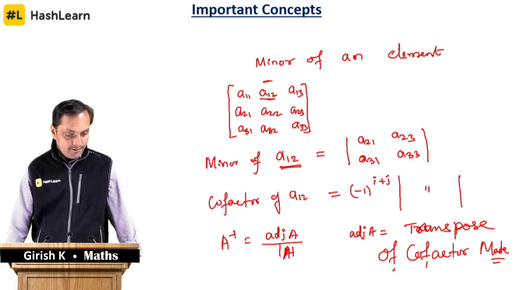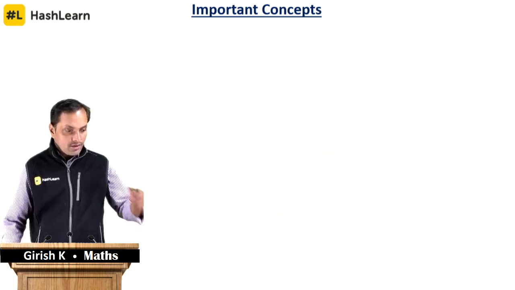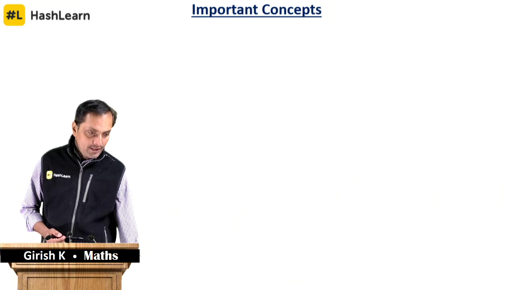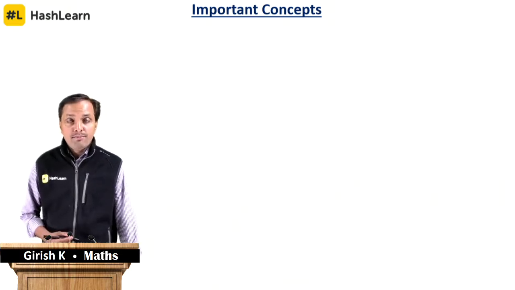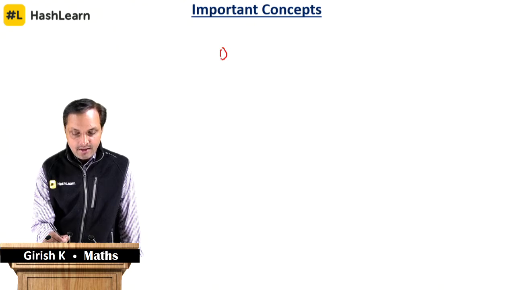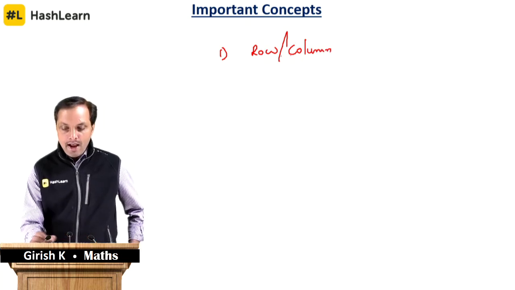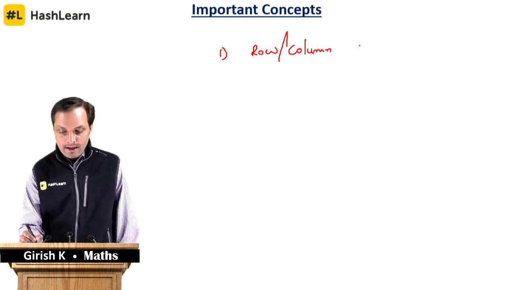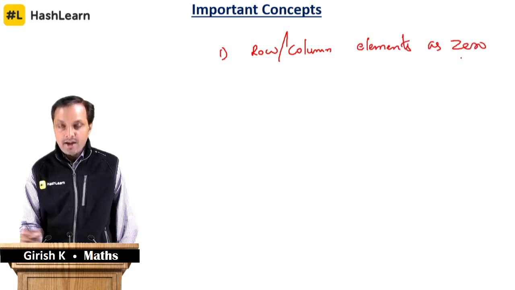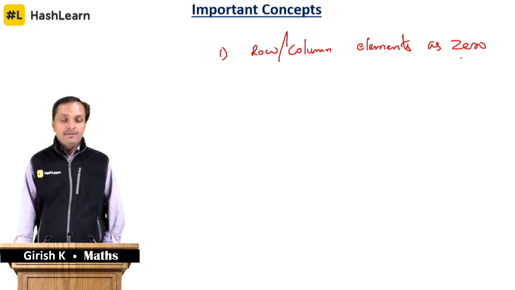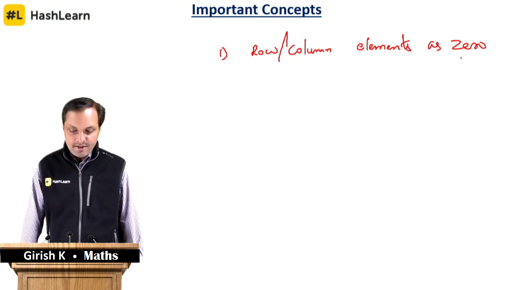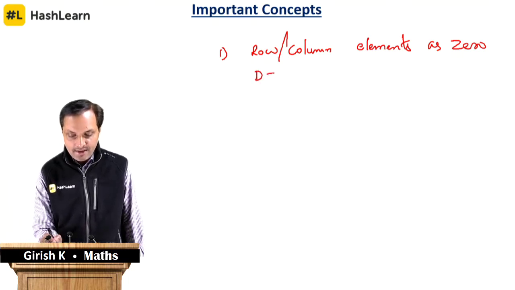Then we have certain properties of determinants, which you would have studied in your regular class. So what are those important properties? If you have a row or a column with all elements 0, that is, one row full of 0 0 0 or a column 0 0 0 is present, then the value of the determinant is 0.